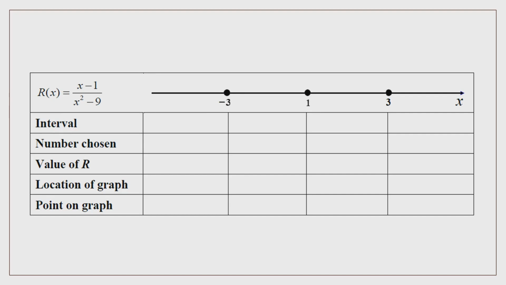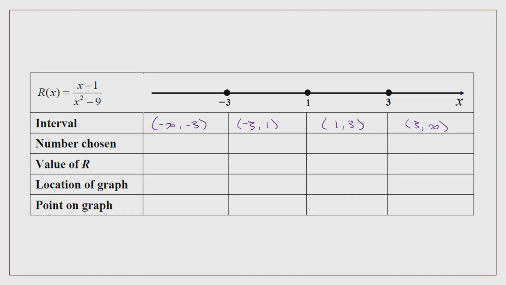So now we have our table here where our x-axis is divided into 4 intervals. These intervals are divided by our real zeros, which are negative 3, 1, and 3. So our first interval is going to be negative infinity to negative 3. Next would be negative 3 to 1, then 1 to 3, and then 3 to infinity. Now we need to choose a number in each of these intervals.